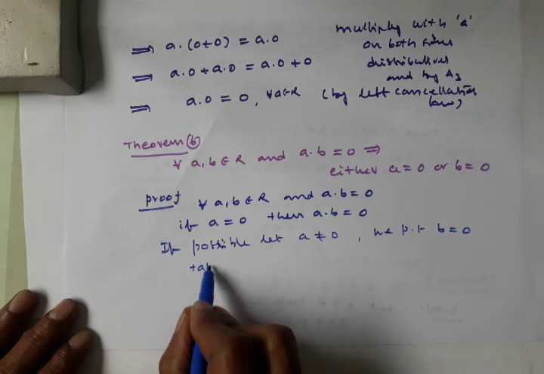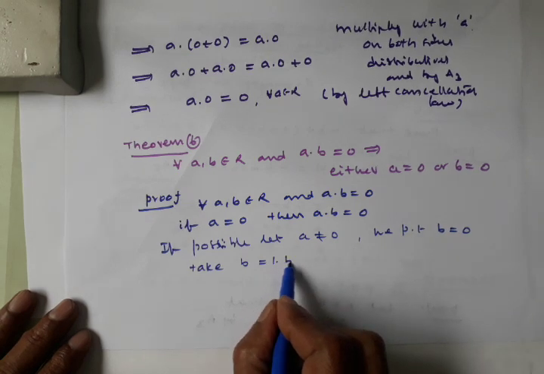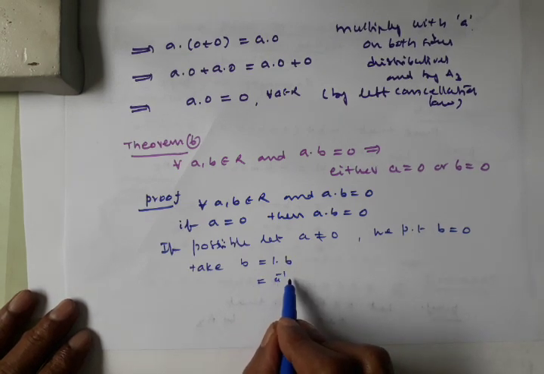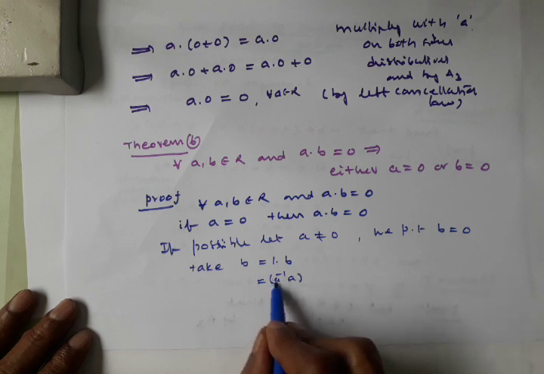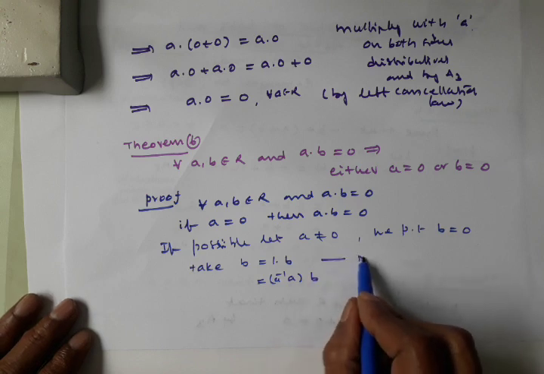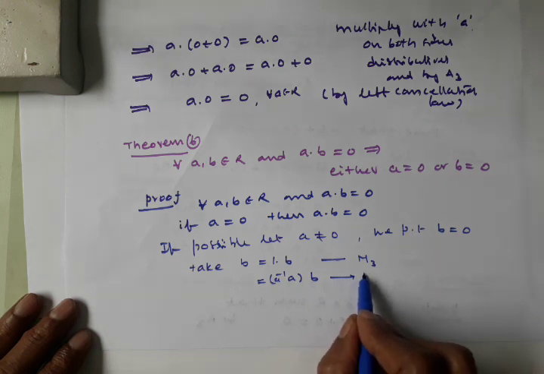Take B is equal to 1 into B, which is equal to A inverse into A into B, in place of 1. This is M3 and this is M4.